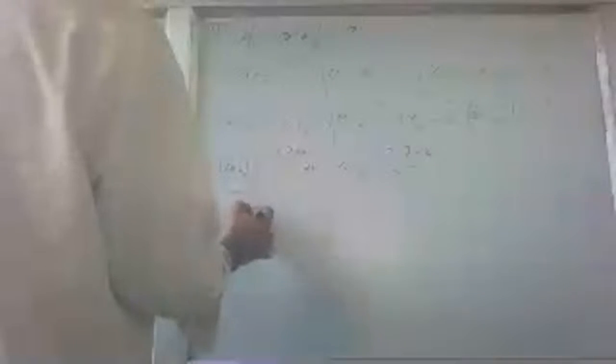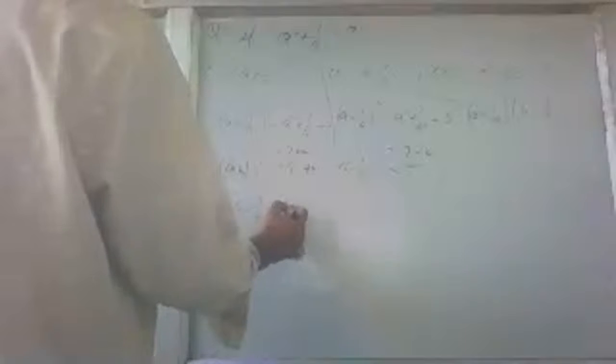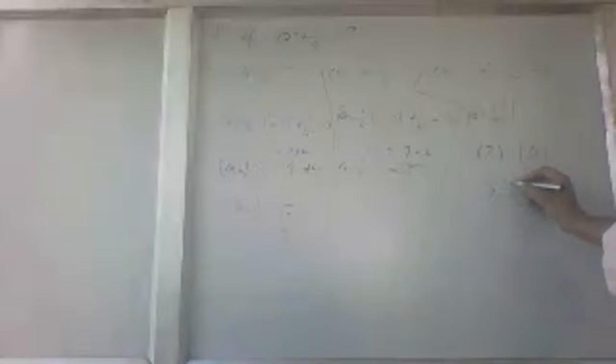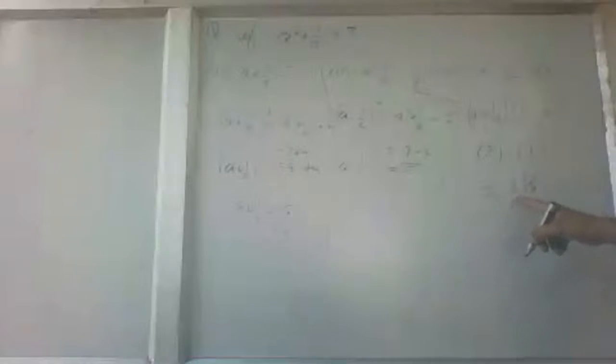The value of a plus 1 upon a whole square was 9. It means a plus 1 upon a would be under root of 9, which is 3. And a minus 1 upon a is equal to under root of 5. So the both will multiply, and it will be 3 root 5.